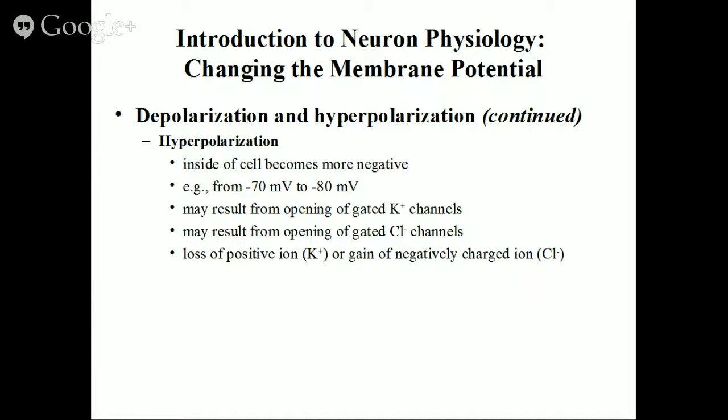And that's where you see on the screen where it says it's going from negative 70 all the way to negative 80. In some books it says it gets all the way to negative 90. This happens because we closed those sodium ion channels and we opened the voltage gated potassium channels. And see, potassium is positive, but it's a real big ion.